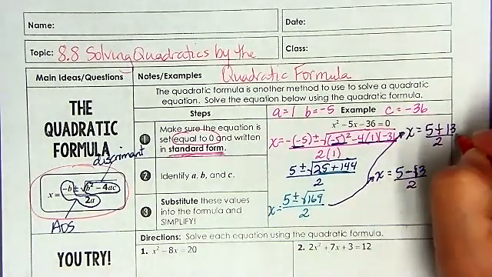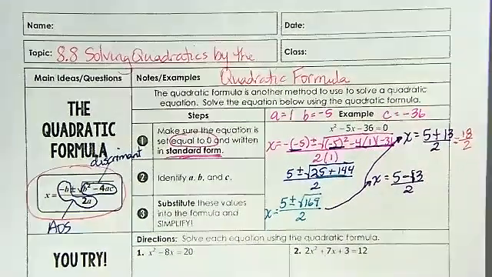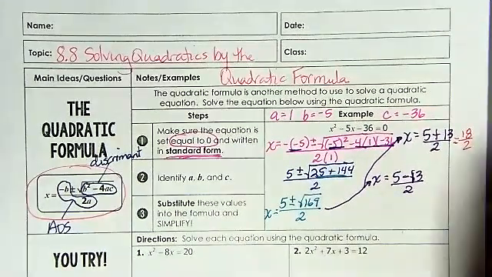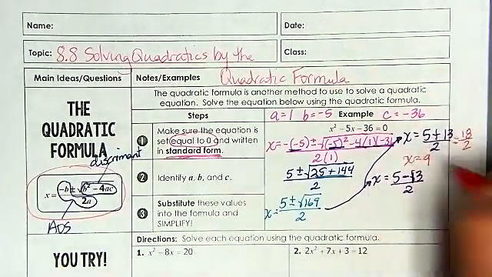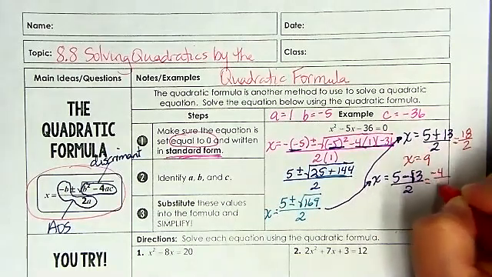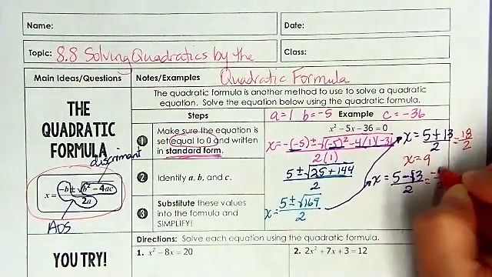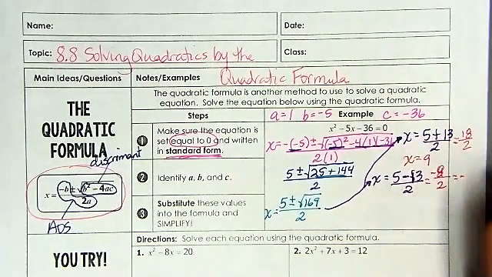So 5 plus 13, that's going to give me 18 divided by 2. So I get x equals 9. 5 minus 13, that's going to be -8 divided by 2. My brain was thinking ahead. That gives me a -4.